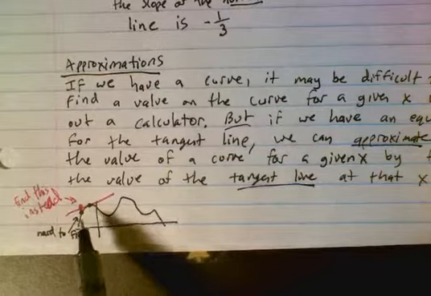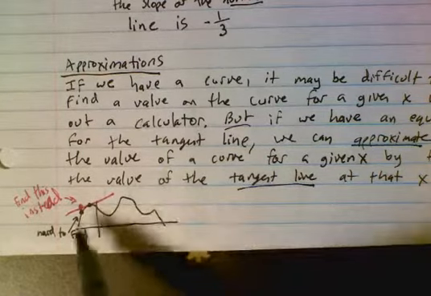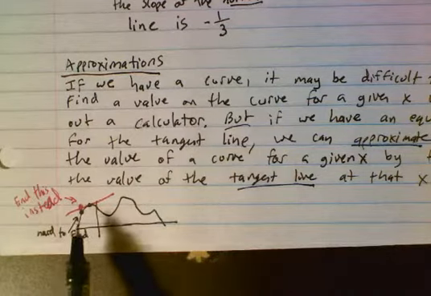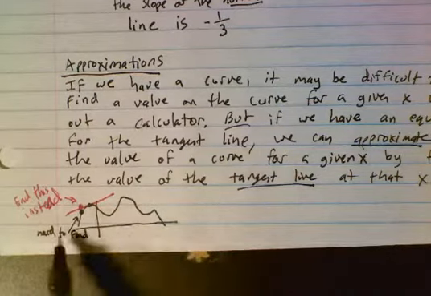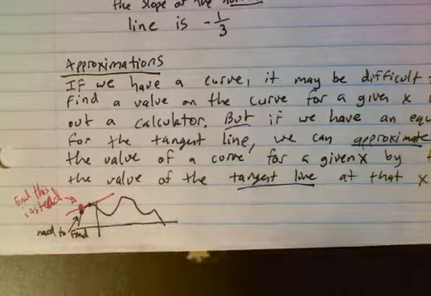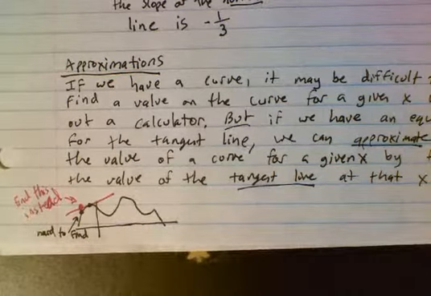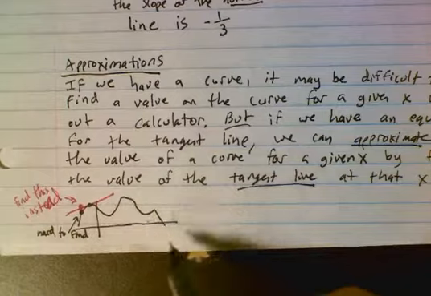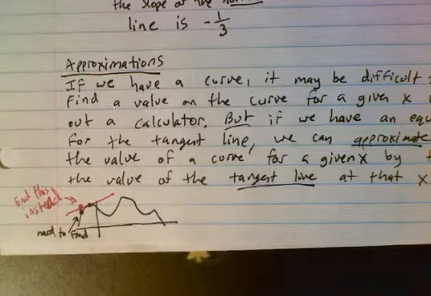And it's at least enough to give me a general sense of what this point is going to be. This is especially useful when mathematicians were finding zeros, so specifically where this crosses the x-axis. And just like where we would use the zeros command on our calculator, they would set up a little tangent line and say, okay, where is this approximately going to be crossing the x-axis? Let's use that point. It's as close as we're going to get.